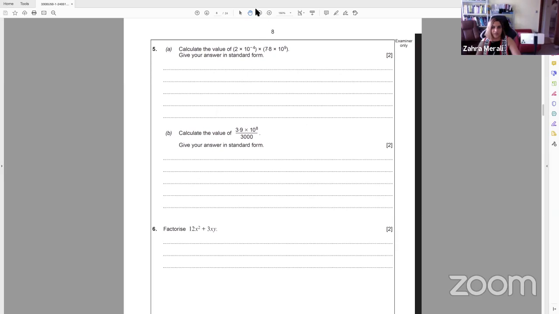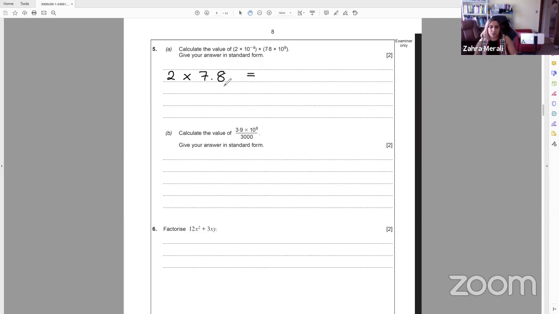So we've got standard form. Remember, it's non-calculator. We've got to calculate the value of 2 times 10 to the power of minus 4 multiplied by 7.8 times 10 to the 9. So the first thing we're going to do is just take the numbers. Forget the indices and the powers. So we've got 2 times 7.8.